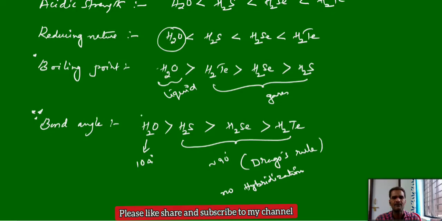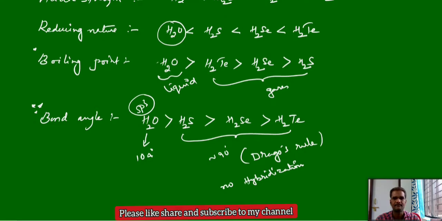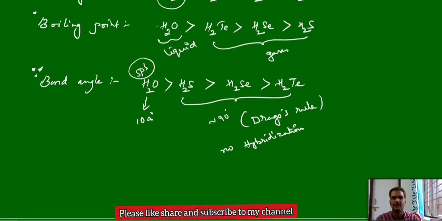In the case of water, it is sp3 hybridization. If there is involvement of hybrid orbitals, that can give 104 degrees. But according to Drago's rule, with no hybridization, they show an angle almost equal to 90 degrees. This bond angle is also very important. These orders we should remember for hydrides.